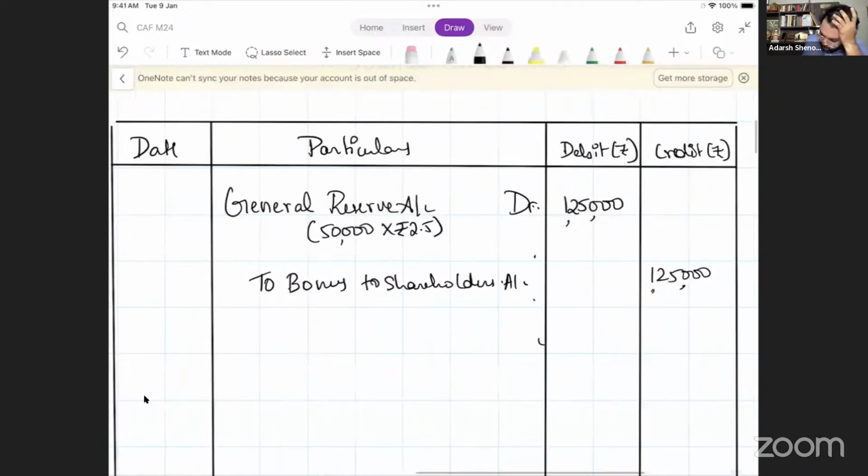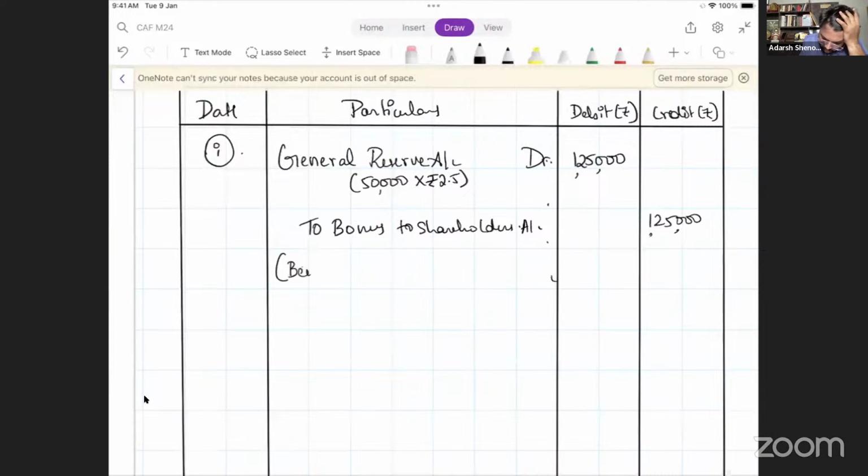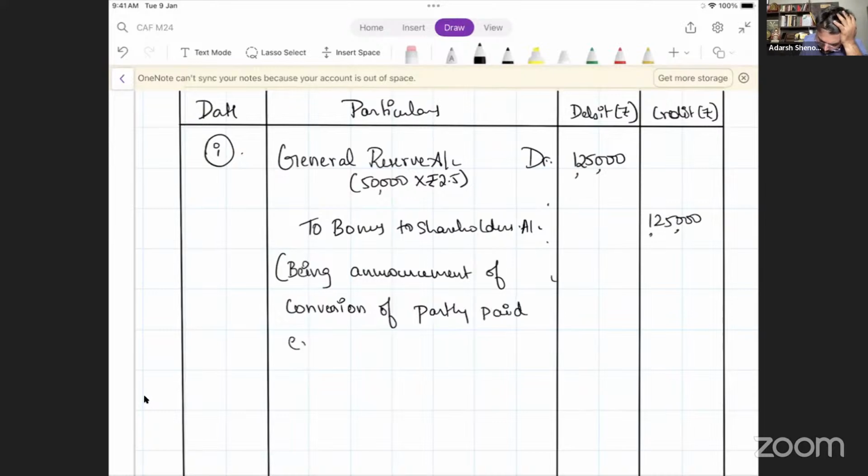Being announcement of conversion of partly paid shares into fully paid shares recorded.